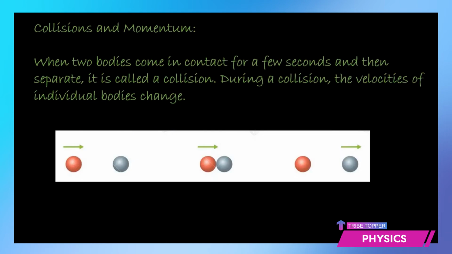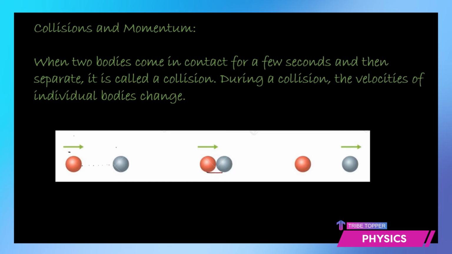Let us try to understand what we mean by a collision. When two bodies come in contact for a few seconds, as you can see here, there is one ball rolling after another ball. This might be at rest or moving with a velocity less than the velocity of this ball, so they will collide.